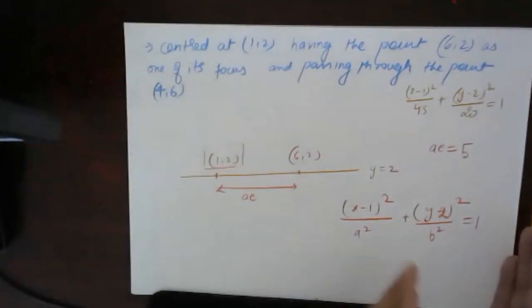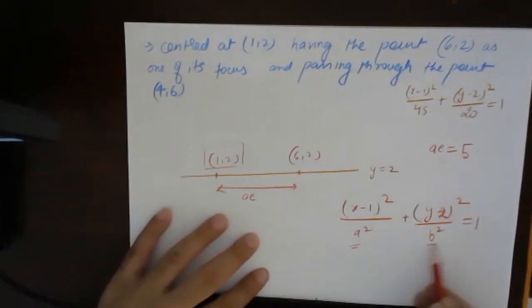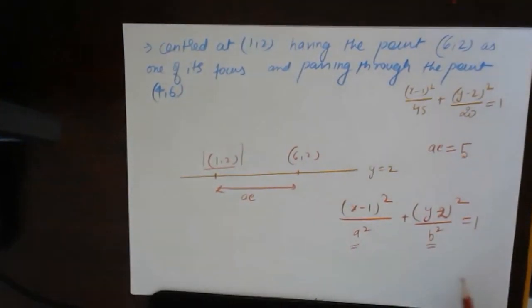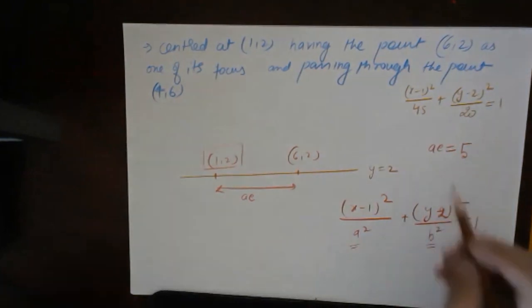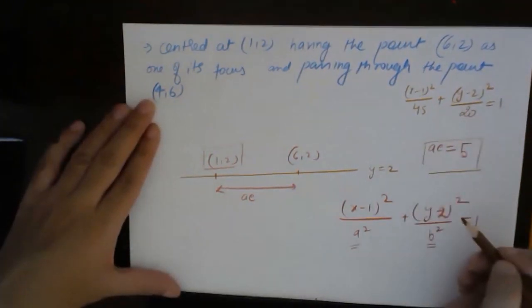We just have to find the values of a and b. What extra thing have they given? That this ellipse is passes through (4, 6).